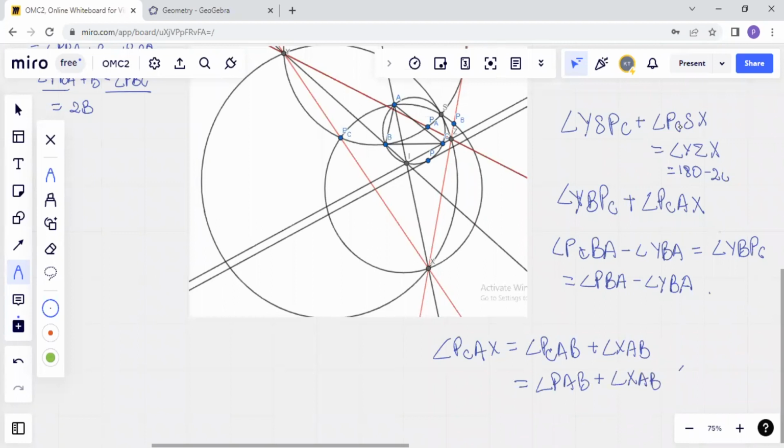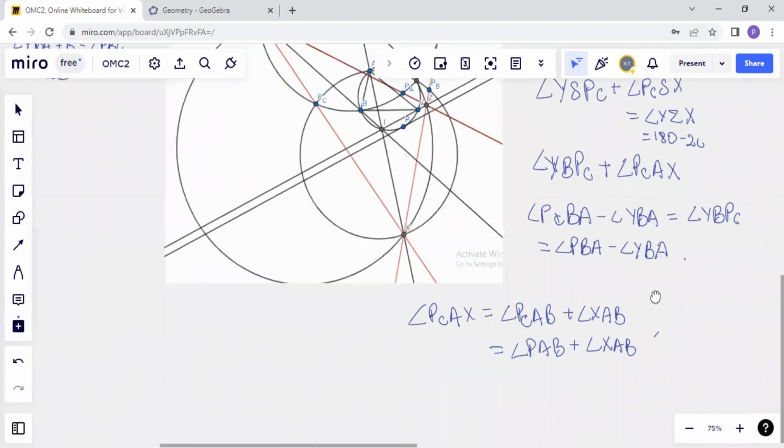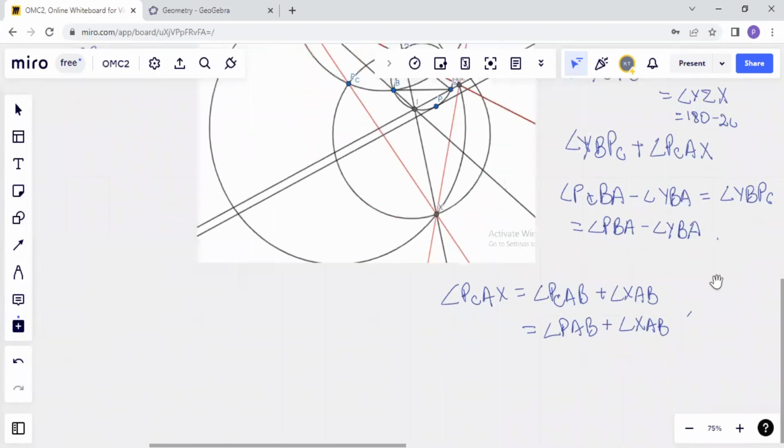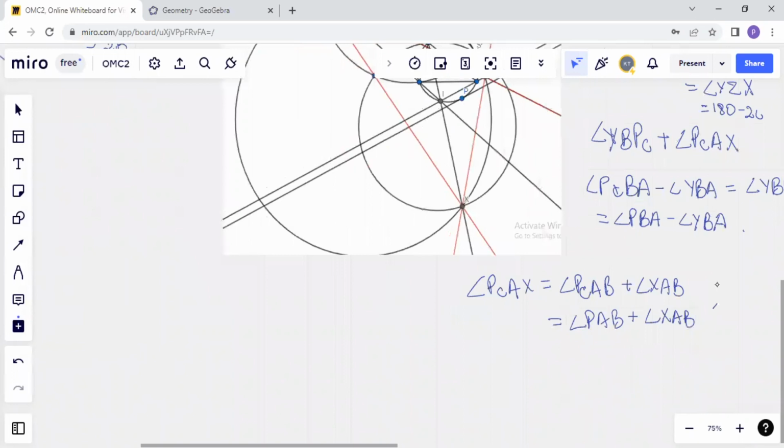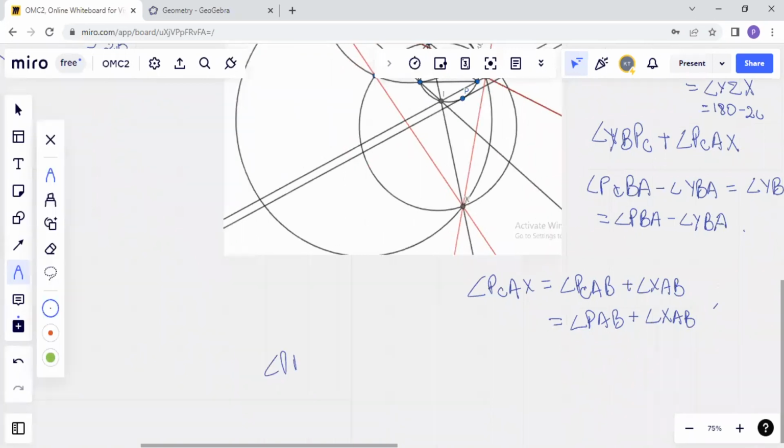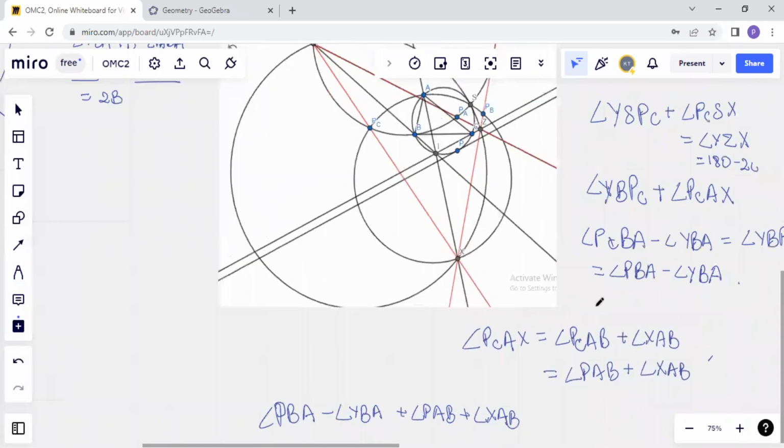Now if we add both of them, we get that we want to prove PBA minus angle YBA plus angle PAB plus angle XAB is equal to 180 minus 2C.